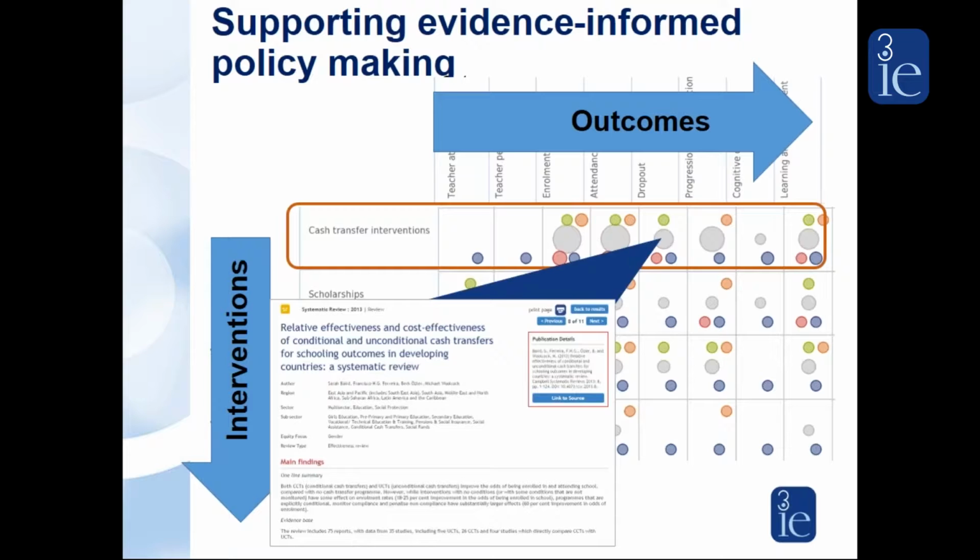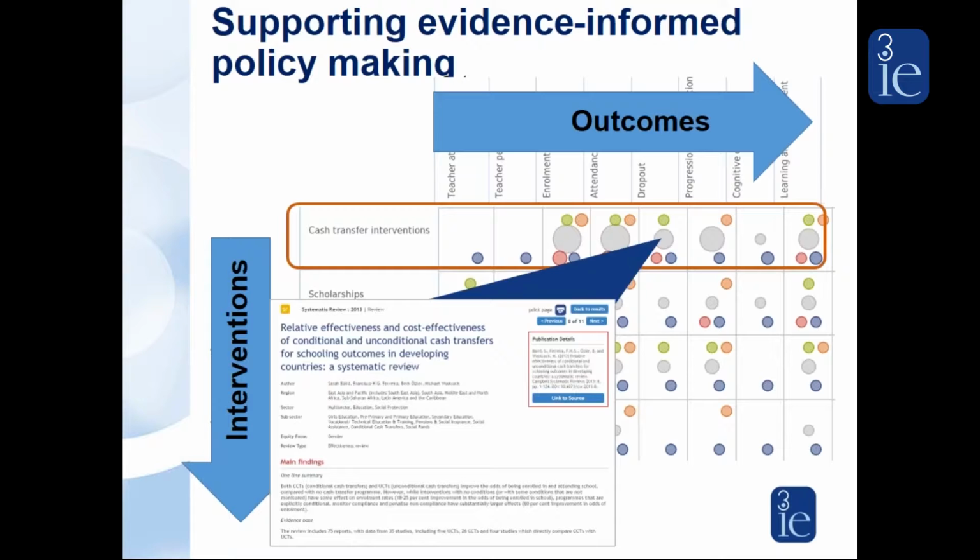So in this way, the evidence gap maps provide a descriptive summary of relevant evidence, and these summaries can then be used to inform policy briefs, or in the case of a project that we're currently working on, identifying these systematic reviews will help to feed into WHO guidelines development processes.